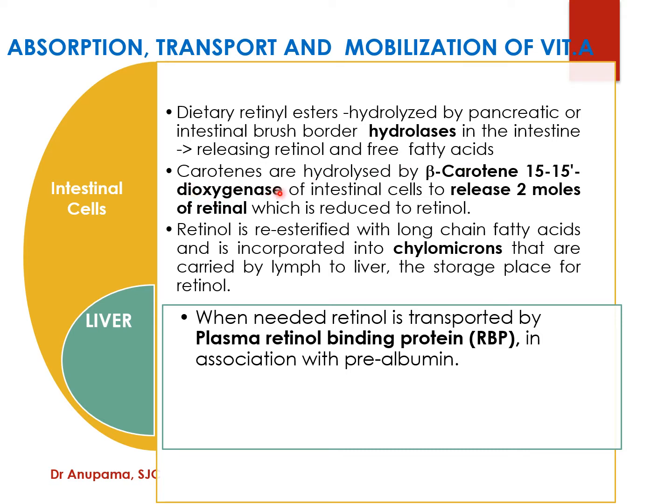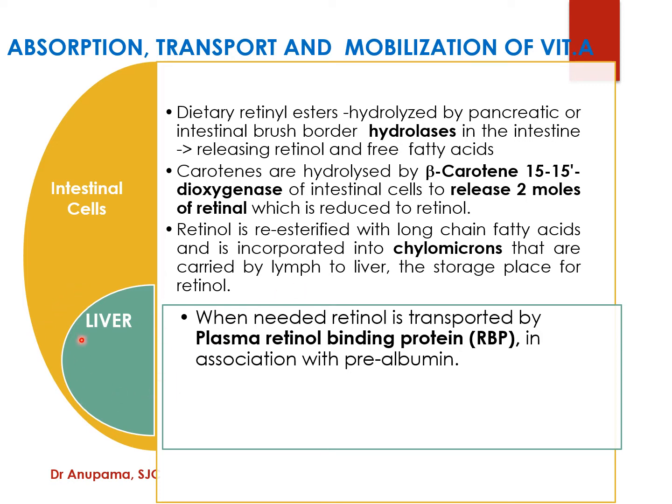Carotenes are hydrolyzed by beta carotene 15,15' dioxygenase of intestinal cells to release 2 moles of retinal, which is reduced to retinol. Retinol is reesterified with long chain fatty acids and is incorporated into chylomicrons that are carried by the lymph to liver, the storage place of retinol.